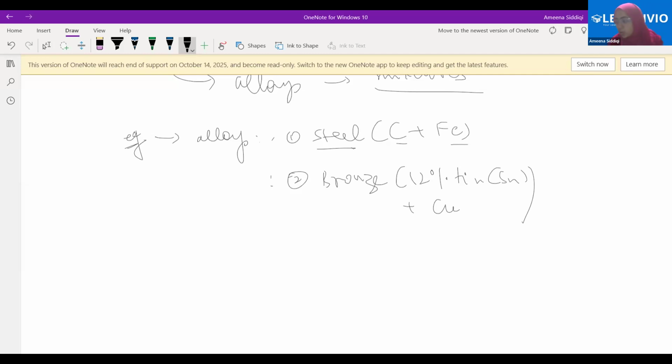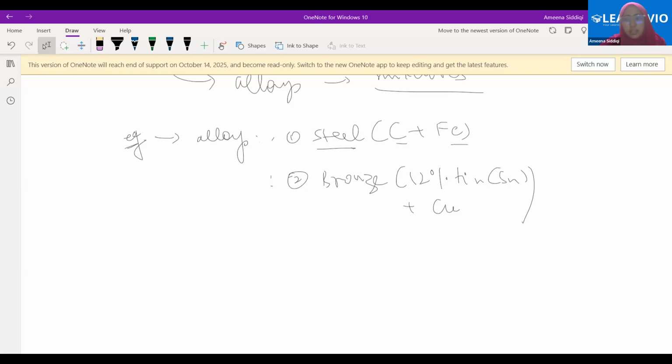Amar, in case of bronze, can there be solute and solvent? Yes or no? I'm asking. Can there be solute and solvent? Yes, ma'am. What will be the solvent? Ma'am, bronze consists of two elements.